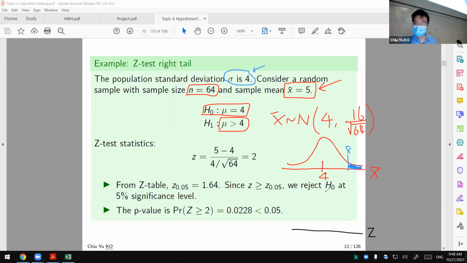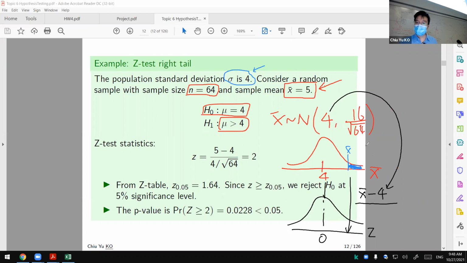So you take 4 into 0, and X bar becomes X bar minus the mean, which is 4 here, where the 4 comes from here, and you divide by the standard deviation.